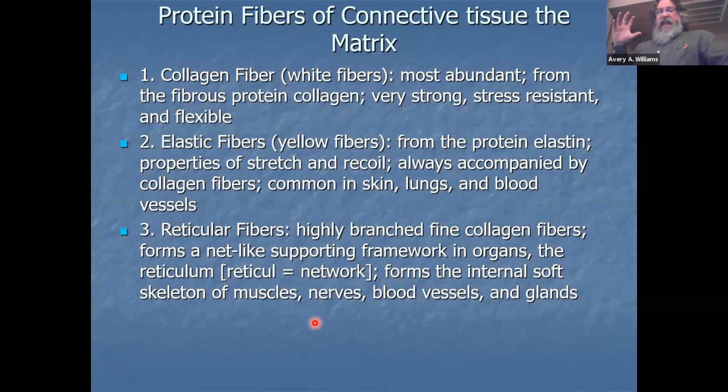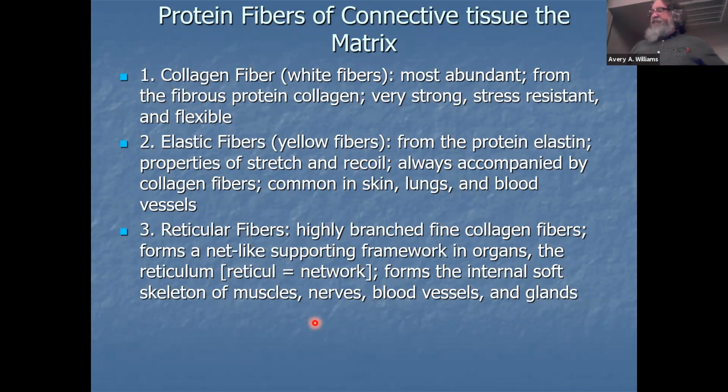If you removed all the functional cells, what you'd have left over would be a little proteinaceous skeleton, but it's not a skeleton made out of bone or cartilage. It's collagen, this little collagenous skeleton. That's the reticulum, okay?